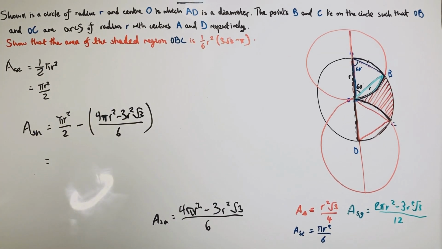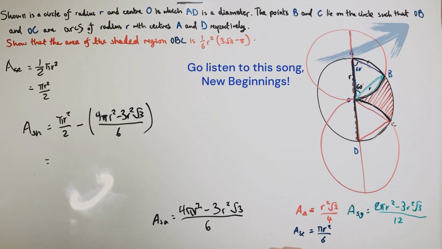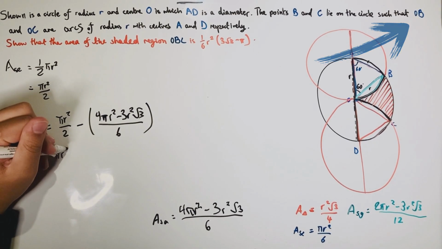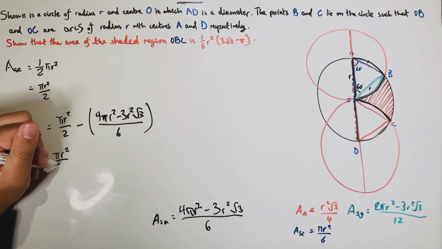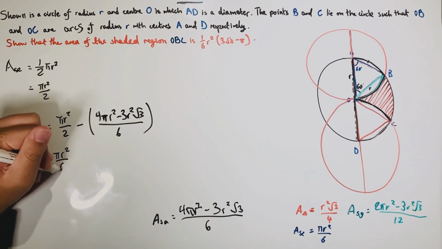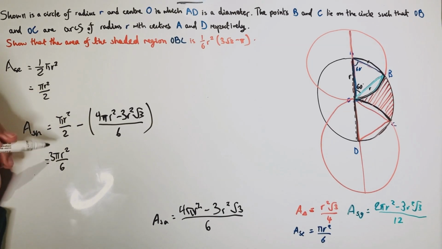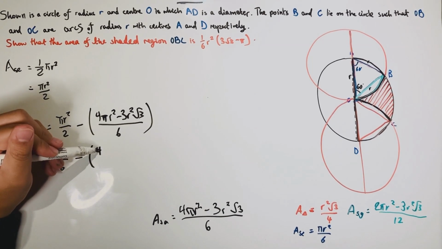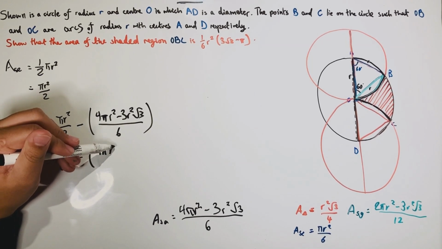Now, this is where the problem really trips up a lot of students. What we're going to be doing is rewriting this as the same base, but we're still going to be utilizing our brackets.